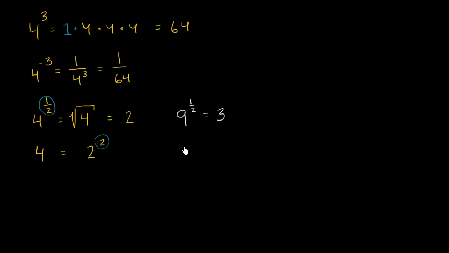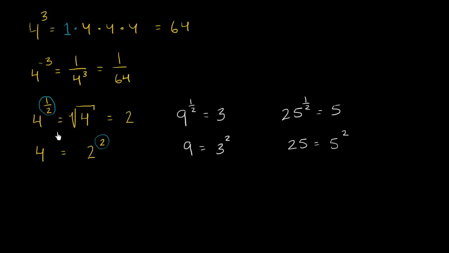And likewise, we could have also said that 9 is equal to 3 squared. These are both true statements. Let's do one more like this. What is 25 to the 1/2 going to be? Well, this is just going to be 5. 5 times 5 is 25. Or you could say that 25 is equal to 5 squared.